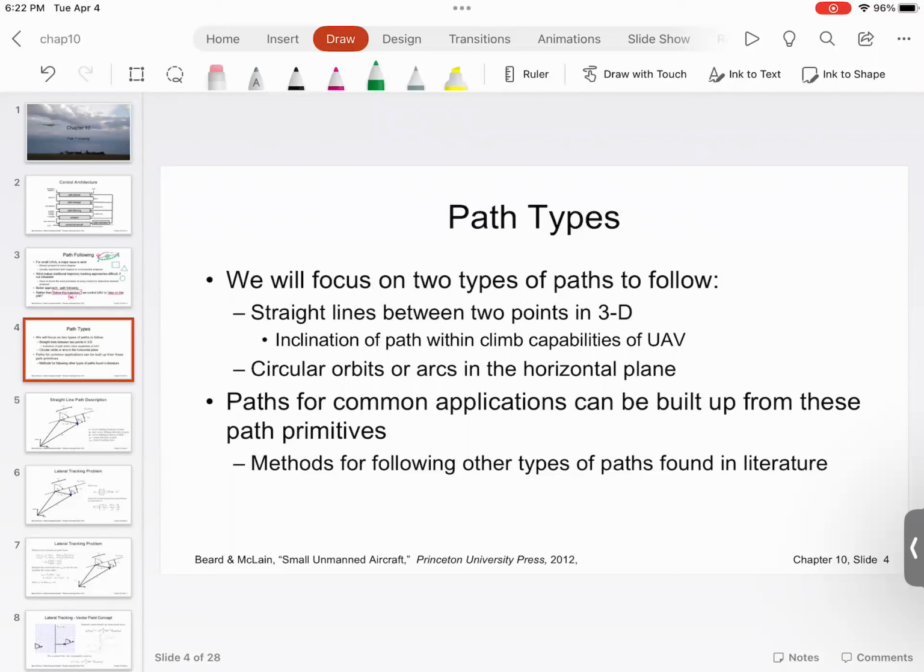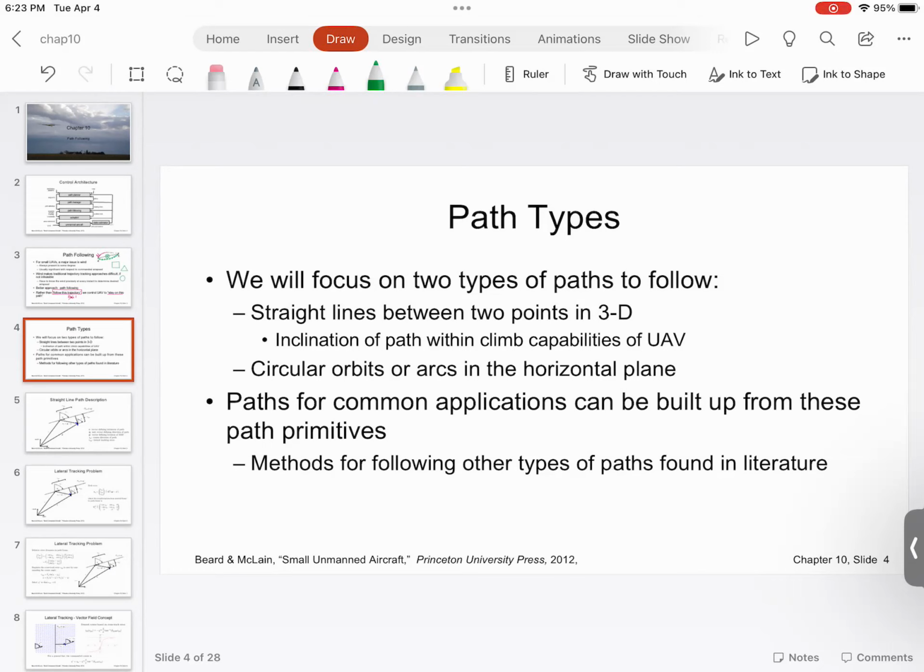Another important thing is that UAVs have large turning radii. A UAV cannot turn in half a meter or half a centimeter or maybe 10 millimeters. Typically, UAV turning radii are anywhere between 5 meters and 10 meters. So you can't have a UAV going straight and then turning sharply.